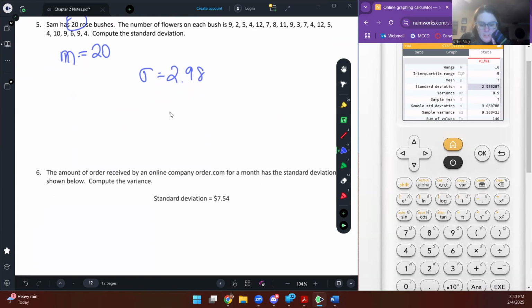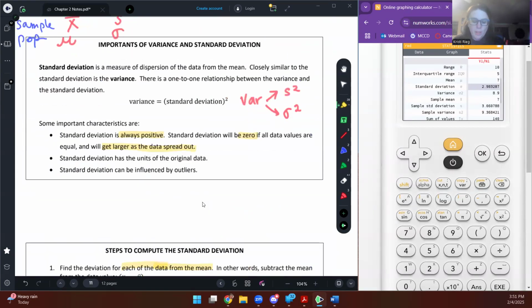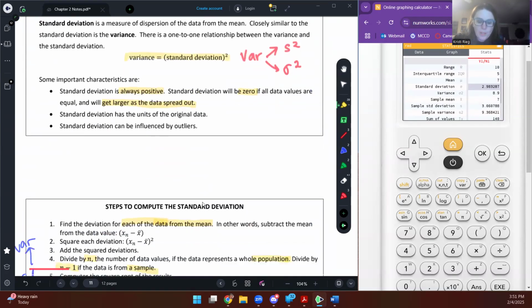Okay, last but not least, going back, can't scroll it out any farther, we must be at the end. I'm going back to not the beginning, but towards the beginning of standard deviation, we were talking about variance. So this problem is giving us the standard deviation, and it says to compute the variance. So all we have to do is remember that relationship, that variance is standard deviation squared.